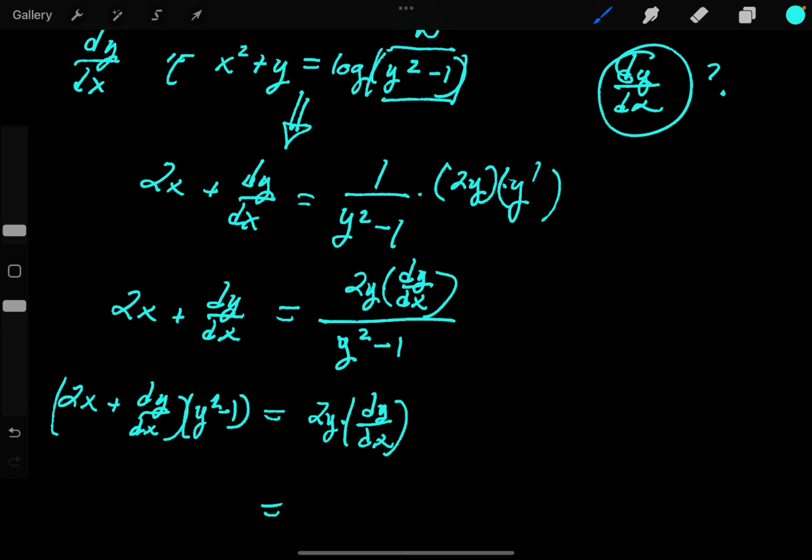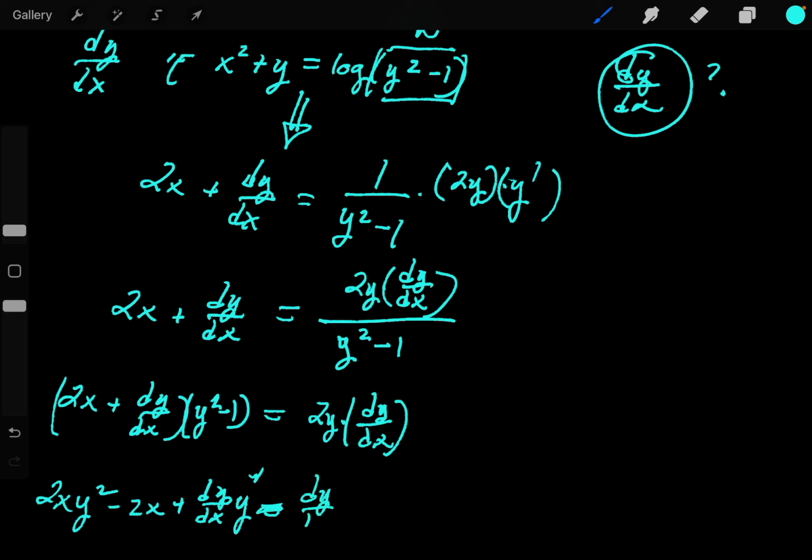And then, when I distribute everything out, I'm going to get 2xy squared minus 2x plus dy dx y squared minus dy dx is equal to 2y dy dx.